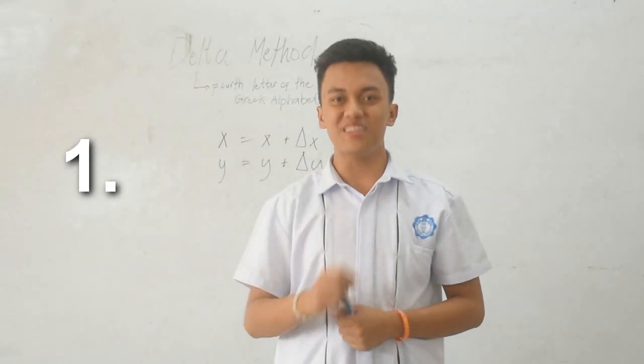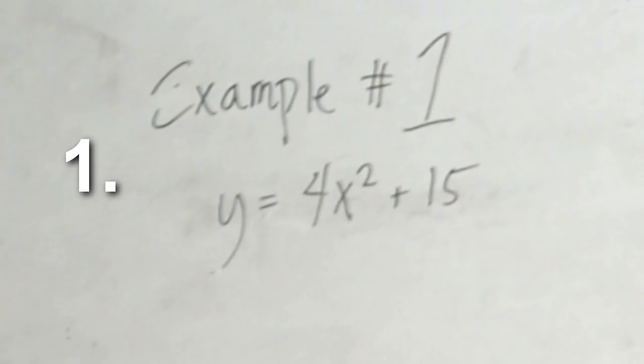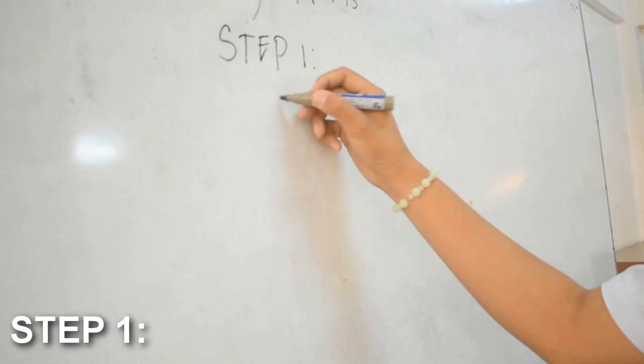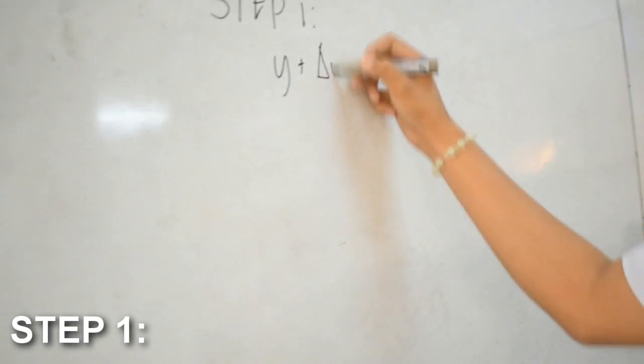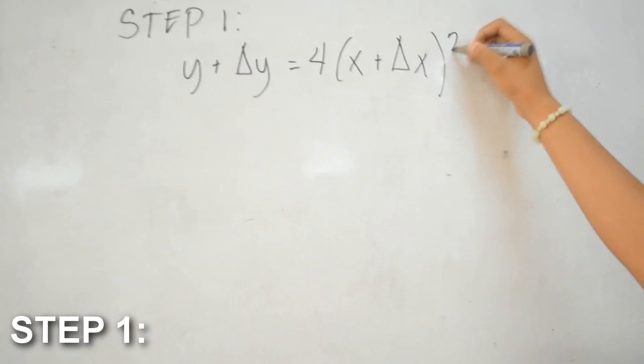Let's have our first example. Find the derivatives of y equals 4x squared plus 15. Step 1. In the given equation, replace x with x plus delta x and y with y plus delta y and simplify. We have y plus delta y equals 4 times x plus delta x squared plus 15.